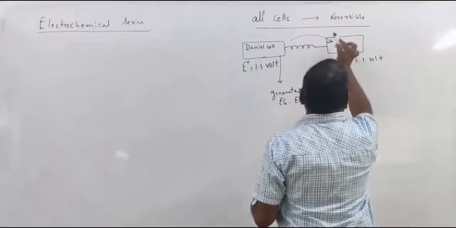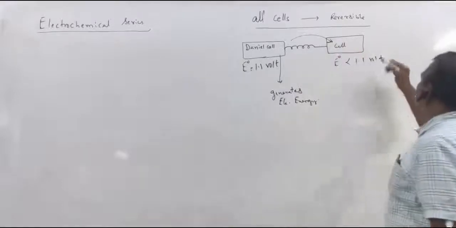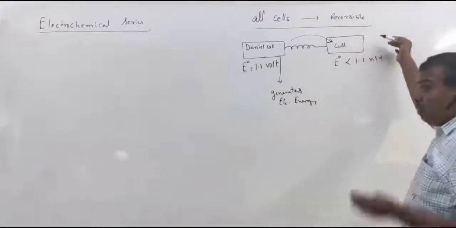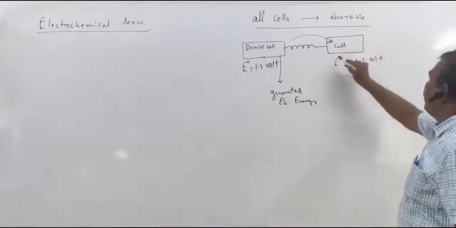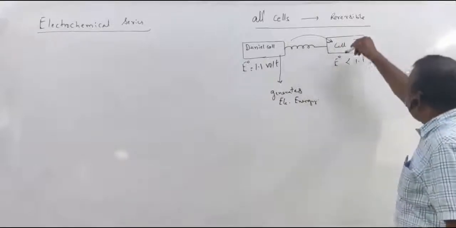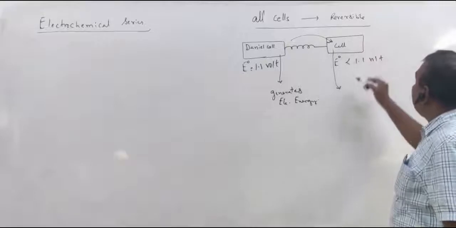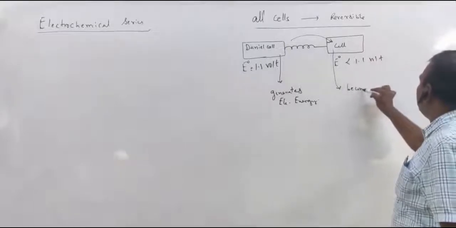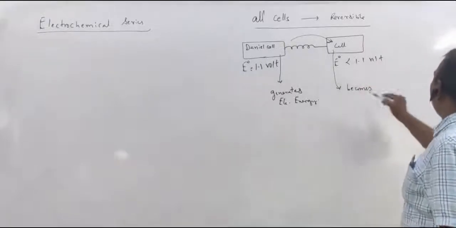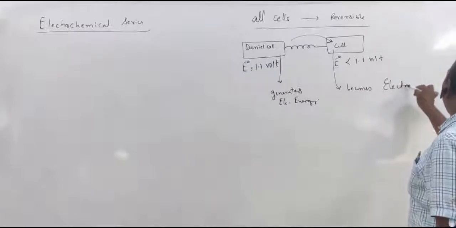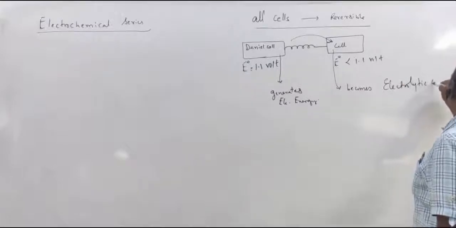Current enters into the cell. So this is actually an electrochemical cell, but since current is entering into the cell, this cell becomes an electrolytic cell.